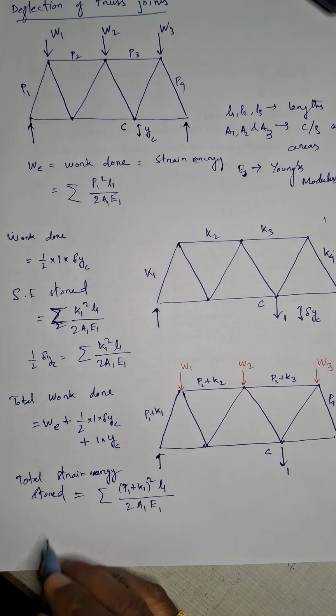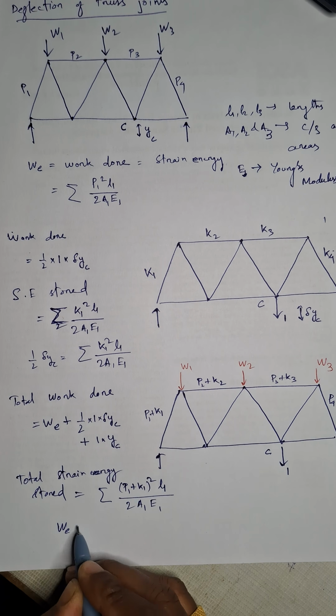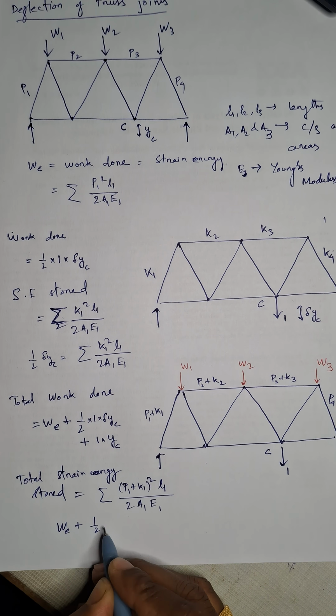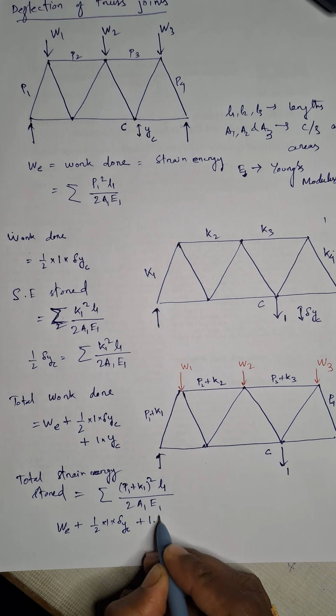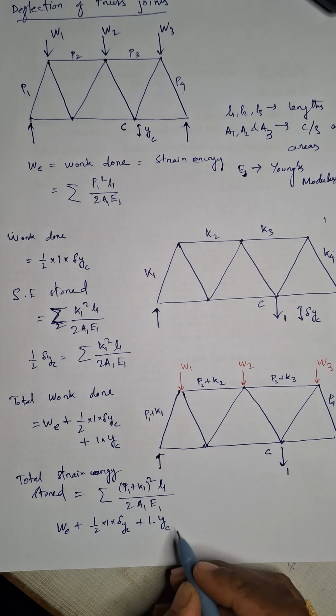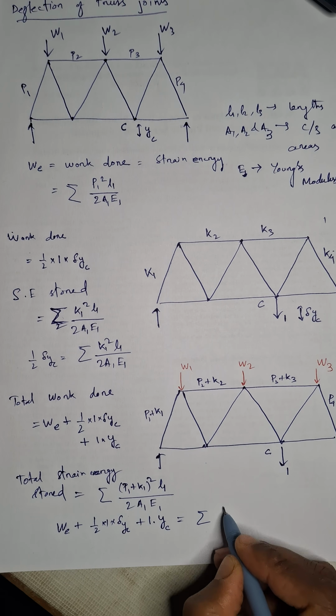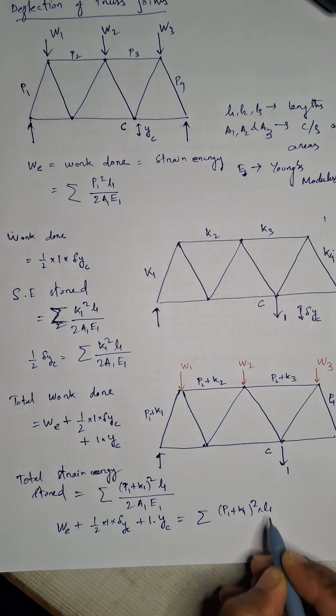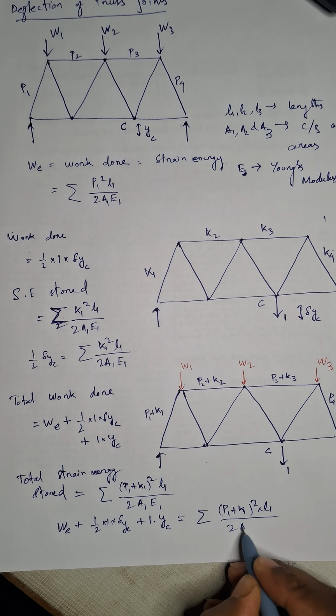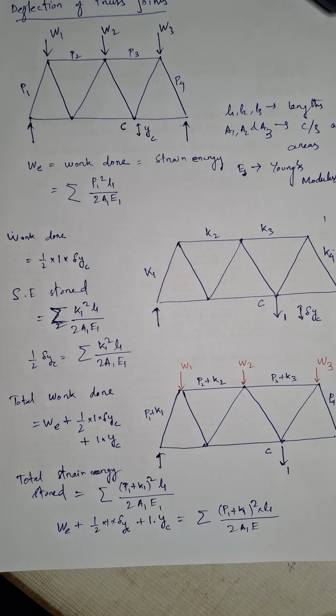We can write this as WE plus half into 1 into del yc plus 1 into yc must be equal to summation of P1 plus K1 whole square into L1 divided by 2A1E.